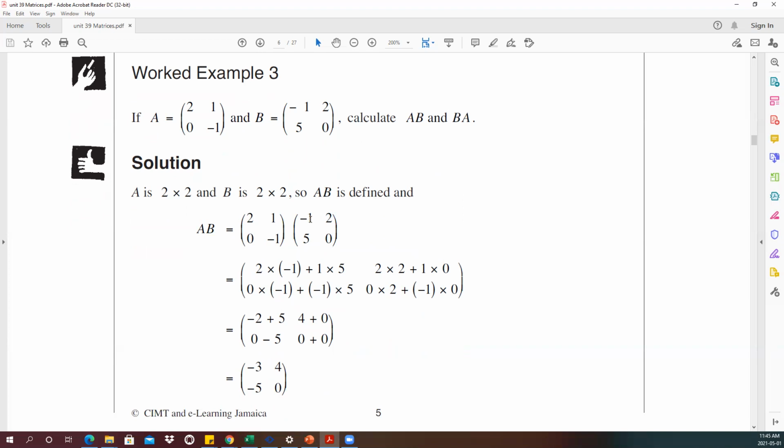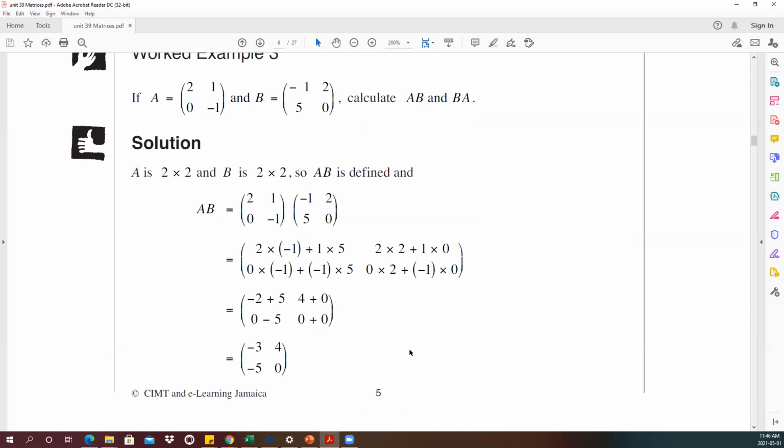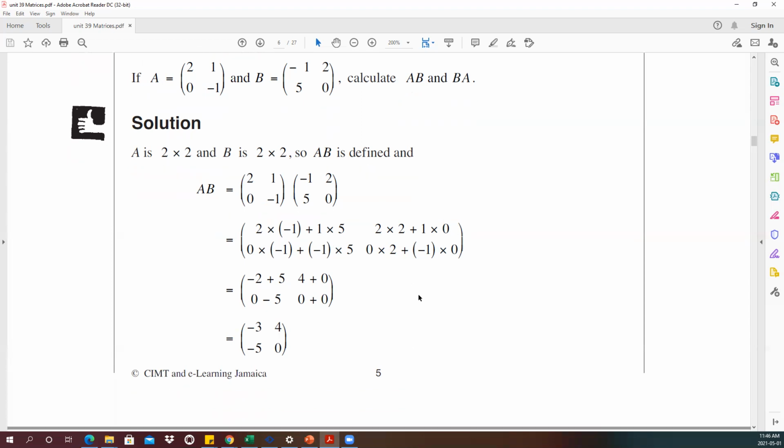So 2 times minus 1 plus 1 times 5. Just like that, you get your top left number. And then again, 0 times minus 1 plus minus 1 times 5. That's where you get your bottom left number. And you go again and again. And you see that it works out.